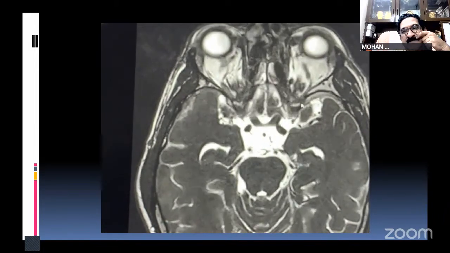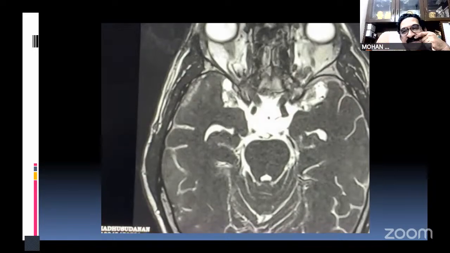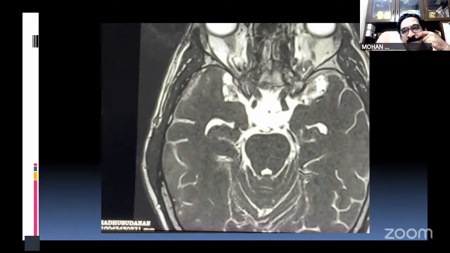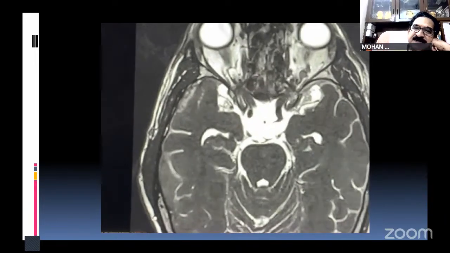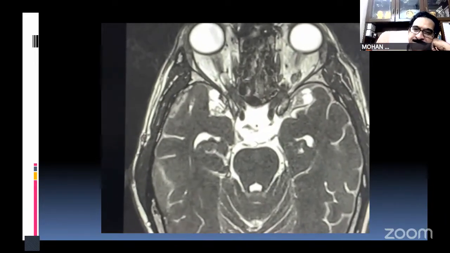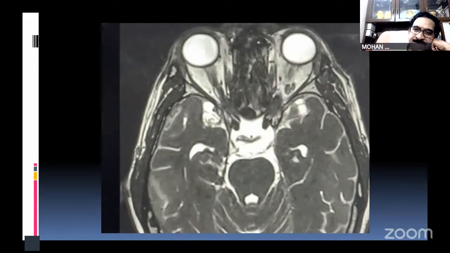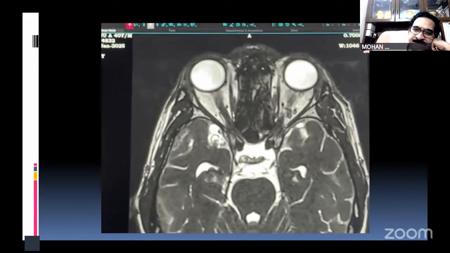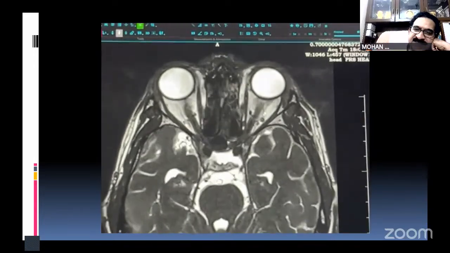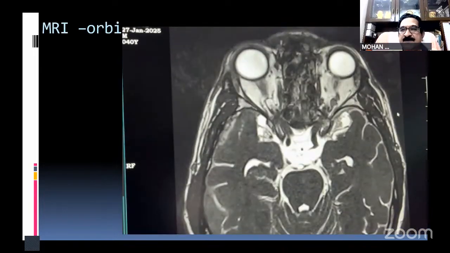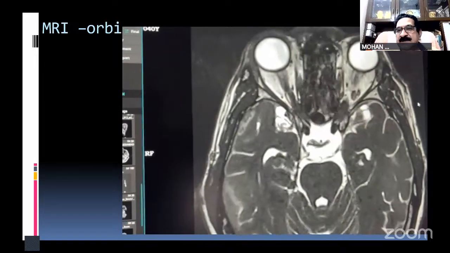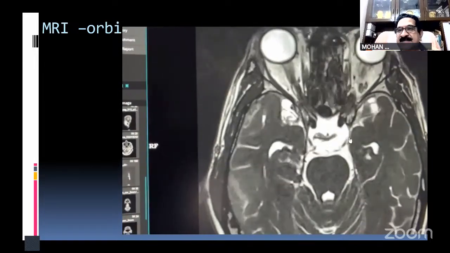It is abutting the optic nerve. That arrow is pointing to that vertical area. I saw the screenshot later. That is the upper part. So the MRI of the orbit, again take a close look. You can find out that lesion there.